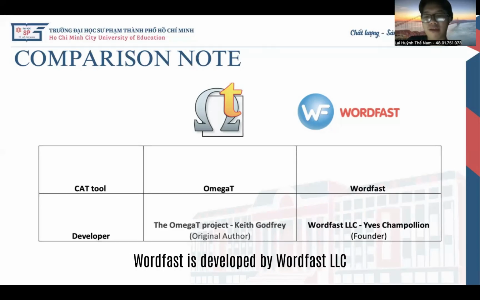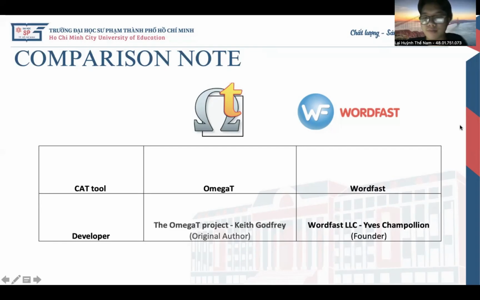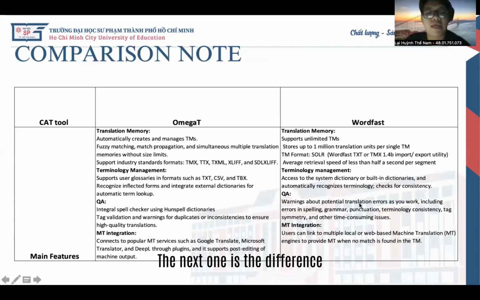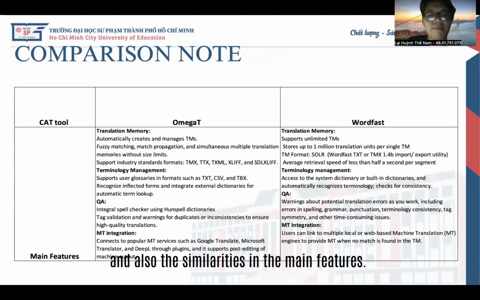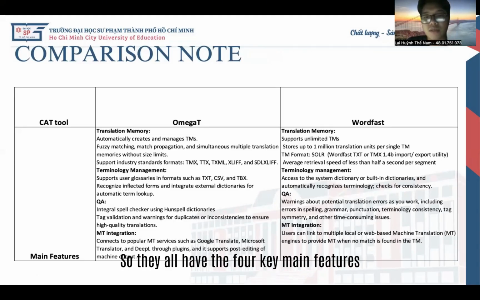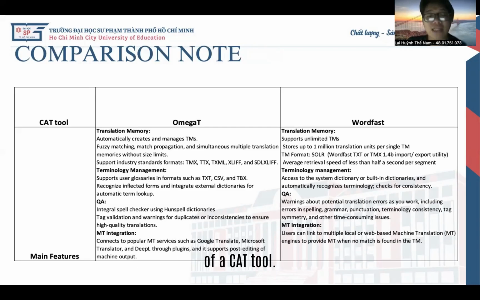On the other hand, WordFast is developed by WordFast LLC, with its founder Yves Champollion. The next one is the differences and also the similarities in the main features. So they all have the four key main features of a CAT tool.